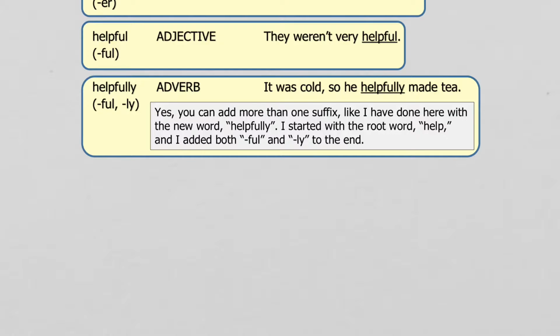But down here, when we use helpfully, he helpfully made tea. That is how he made the tea. Helpfully made it. That's the action that he was doing and how he did that action. So adverbs go with actions and adjectives describe people, places, or things.